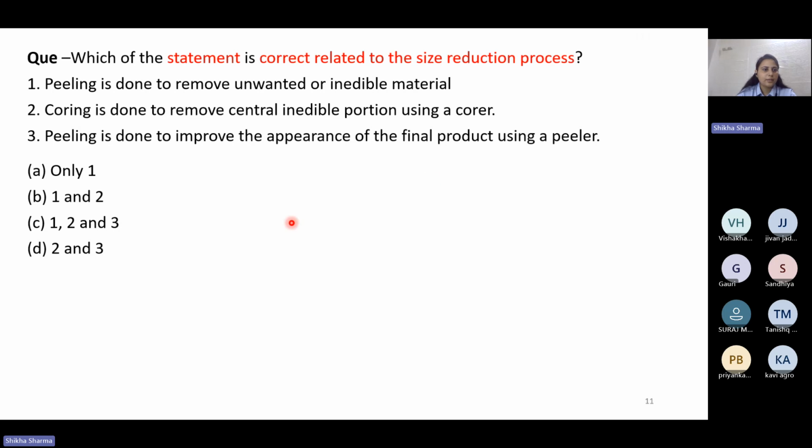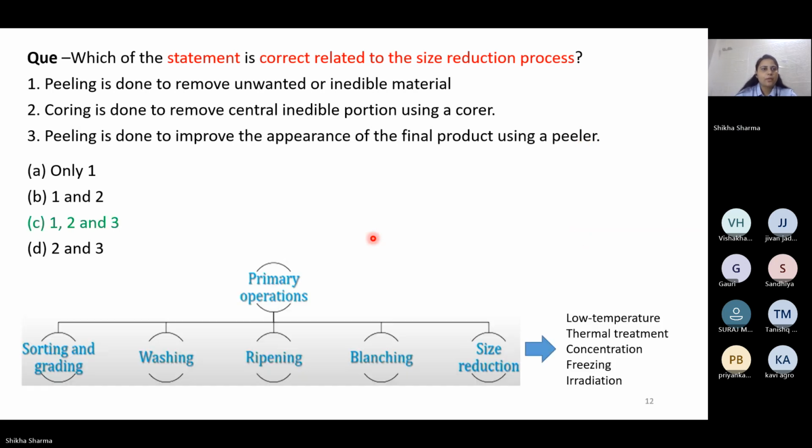Both are the same, right? So let's see which option is correct. Option C is correct, which is statements 1, 2, and 3. All of them are correct.